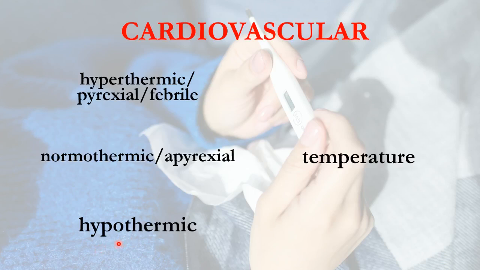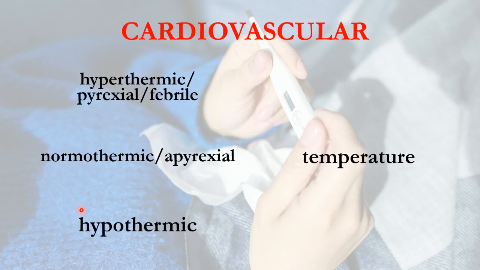So for high temperature, we do things that will cool down the person. Ice bath, wet sponge bath, paracetamol, cold water, fluids. And then for low temperature, we offer blankets and hot drinks.